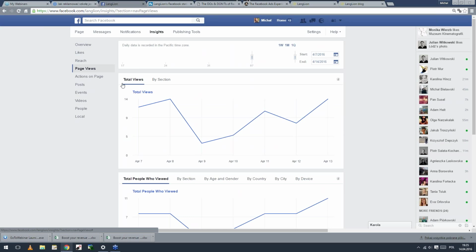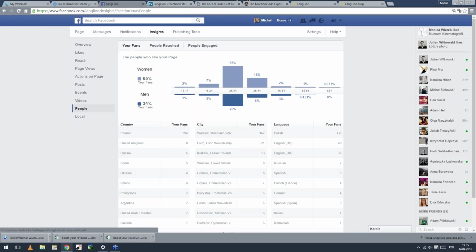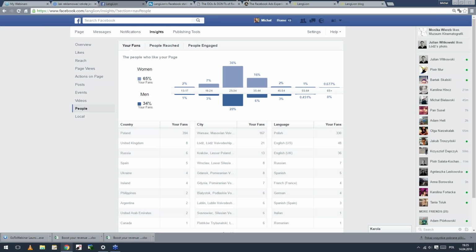some interesting facts. People. This is also important to see. You can see how many people from which age group were visiting your site, that like your site, and you can easily decide later to which group of people to send a campaign.